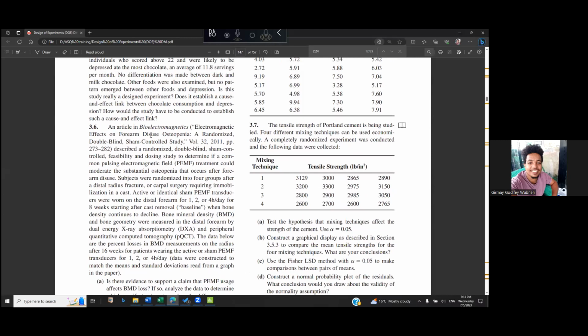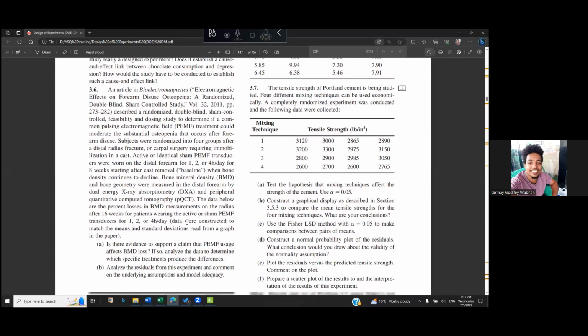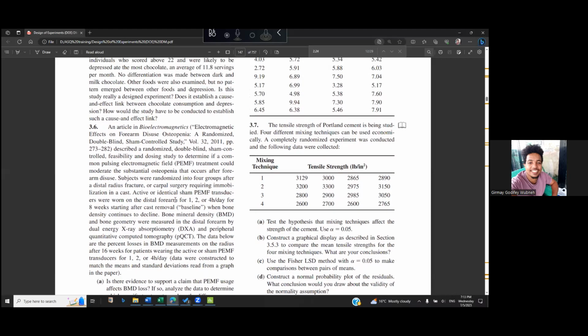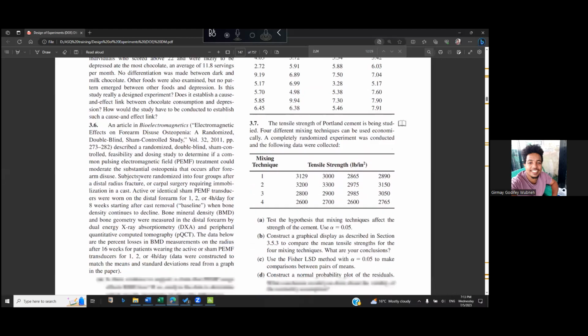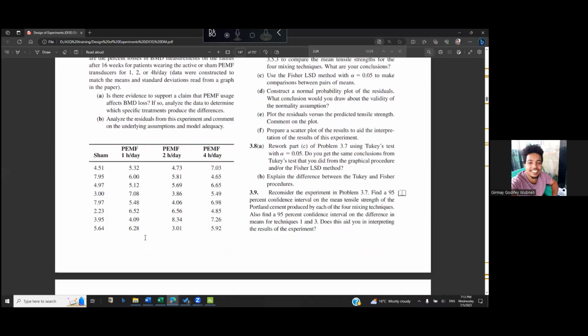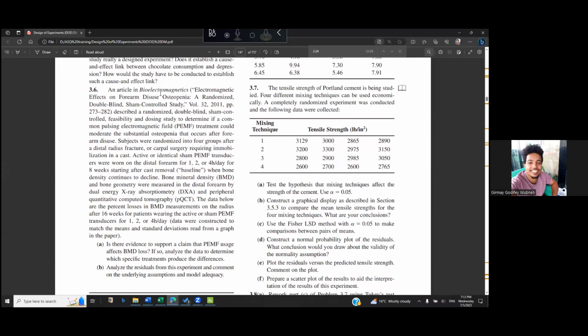Bioelectromagnetics, yeah. It is more of a medicine field and I don't know the terms, but we can do the statistical tests. So, an article in bioelectromagnetics describes a randomized, double-blind, sham-controlled feasibility and dosing study to determine if a common pulsing electromagnetic field treatment could moderate the substantial osteopenia that occurs after forearm disuse.